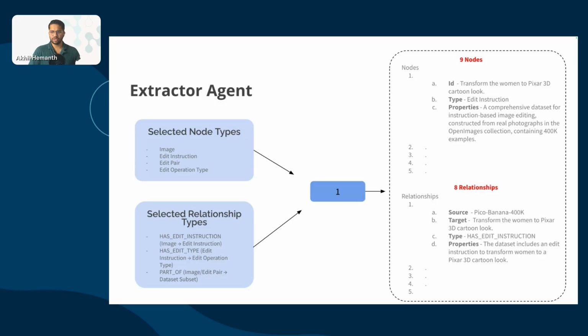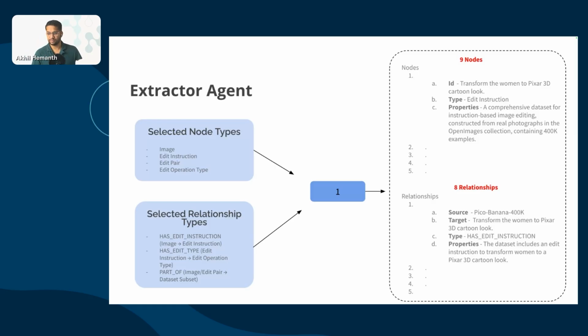And it takes each chunk and then finds the node with the type. So for example, on the right side, you can see it found the ID, the type is edit instruction, and the properties. So it's essentially taking the entity type that we want to look for, finding similar content, and creating a node out of it. And same thing with relationships.